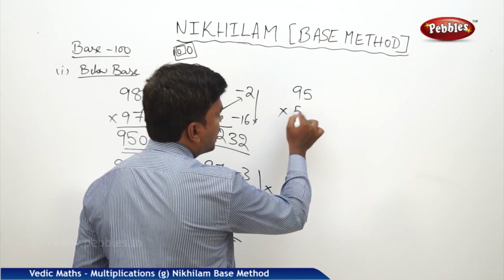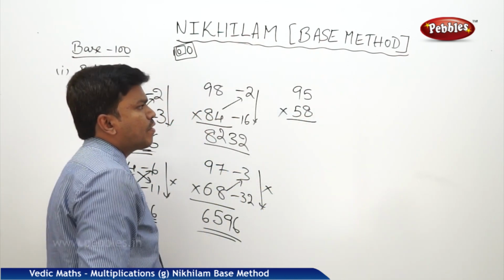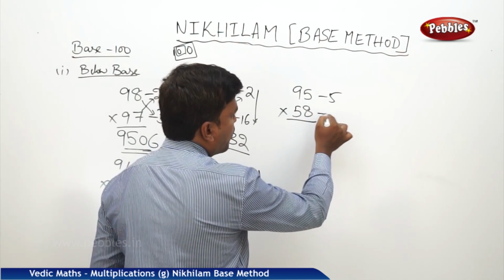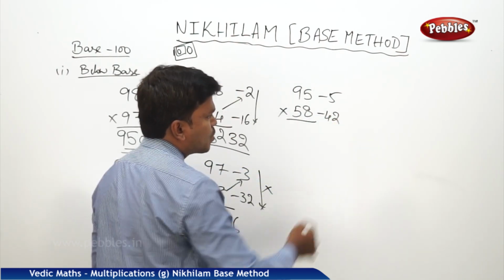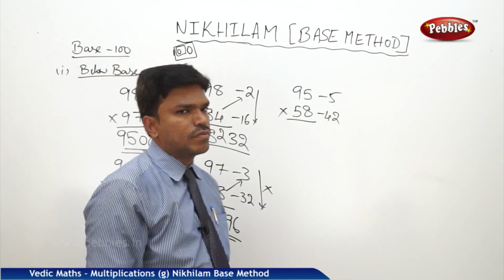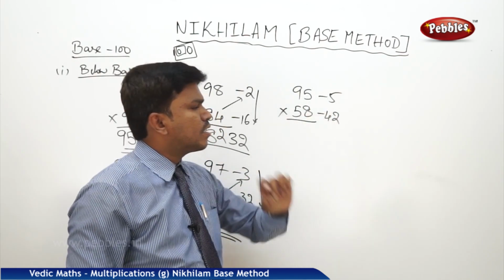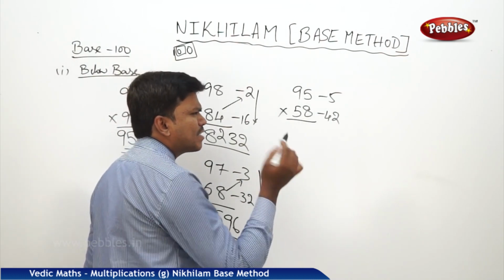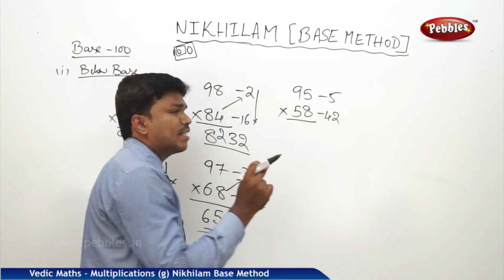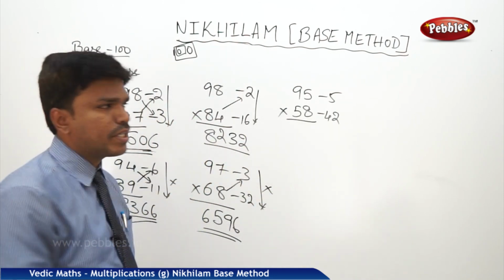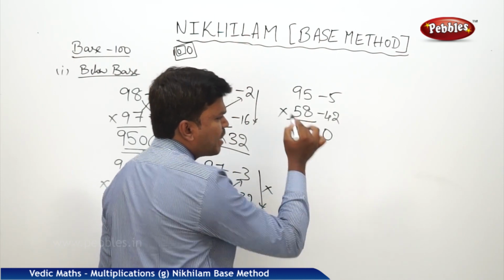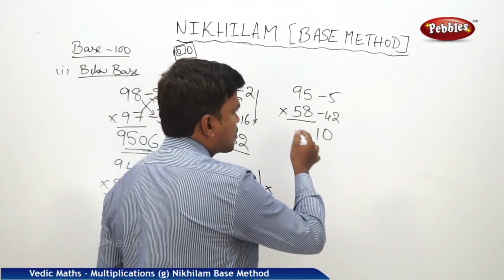Similarly, let us take one more example with 95 into 58. Now it is minus 5, and how much is it? Minus 42. So you need to multiply these two first. 42 5s are how much? 210. See, this time 42 5s are, I am going to get 210. But what I said, the right side part of the answer should consist of only 2 digits. So I am going to write 10 as it is, and 2 is going to be carried to the next part of the answer.